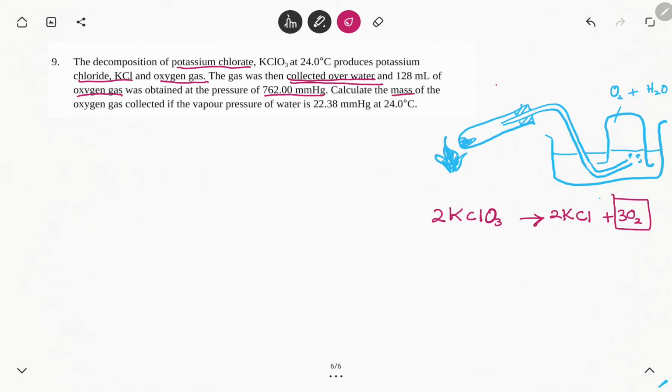Calculate the mass of the oxygen gas collected if the vapor pressure of water, P H2O, equals 22.38 mmHg at the same temperature, 24.0 degrees Celsius. When the question mentions collected over water, we know that this is a water displacement method.